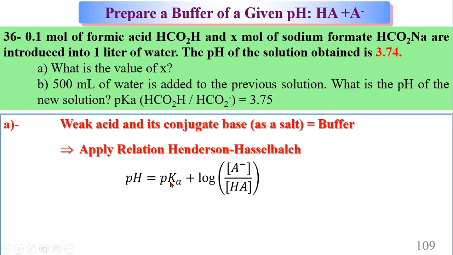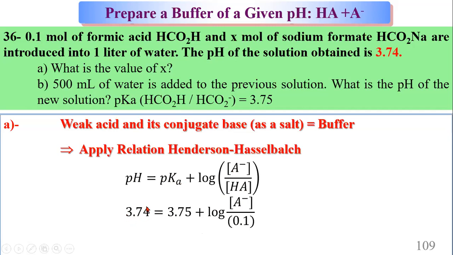So I have pH, I have pKa. What does it automatically tell me? If I have both of those, I can easily calculate the ratio of A- divided by HA. And if I already have any one of these, like here, I have the concentration of HA, which is 0.1 mole divided by 1 liter, which is also 0.1.